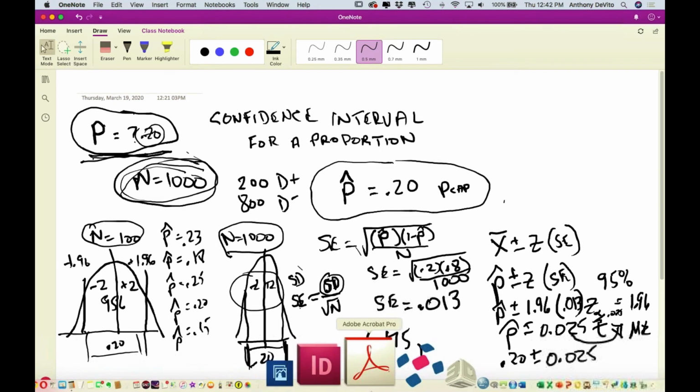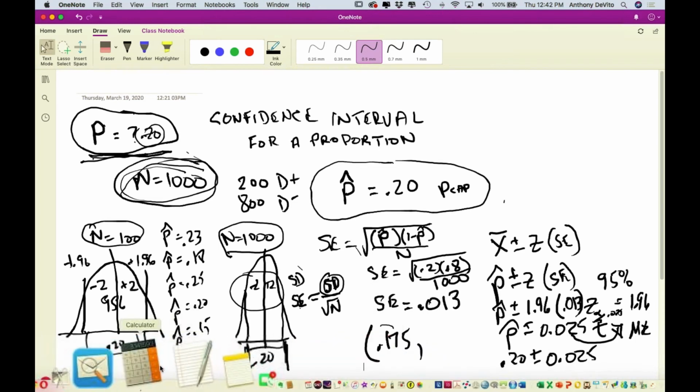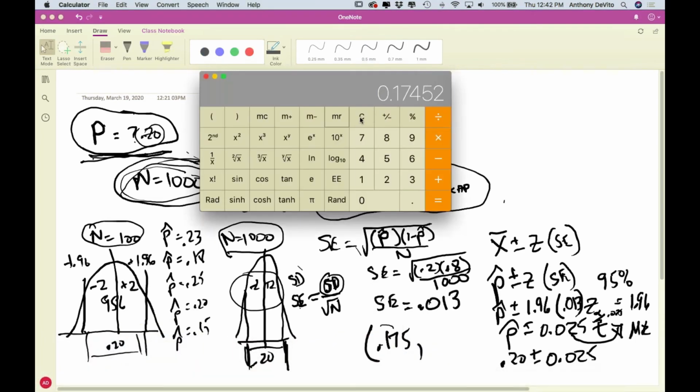Then I'm going to go back here again. This time I'm going to add my margin of error. So I'm going to clear this. I'm going to say 0.20, our sample proportion, plus our margin of error is equal to 0.225.